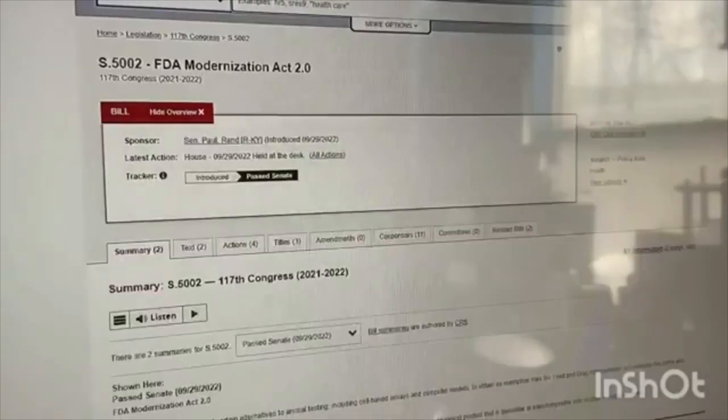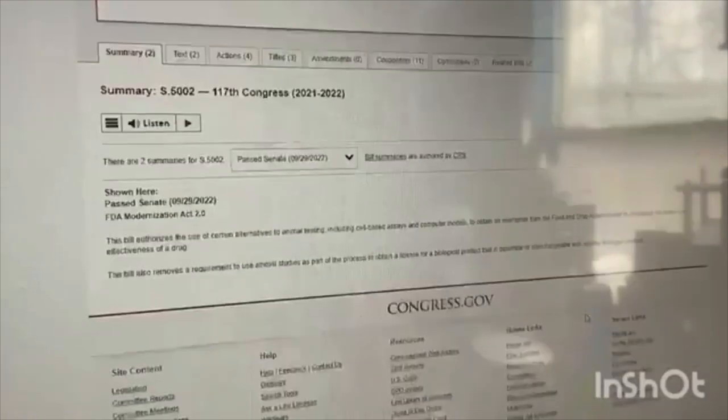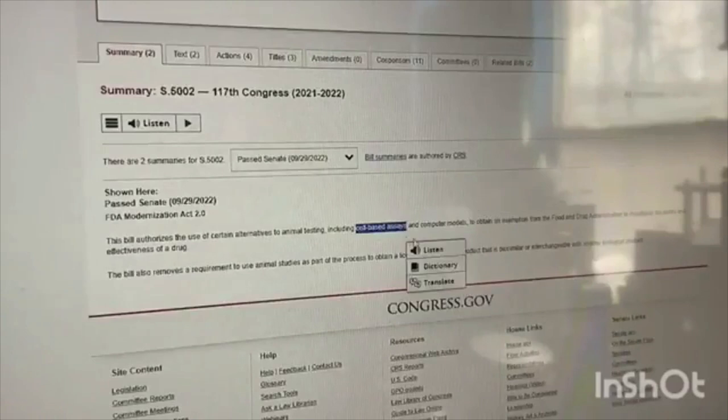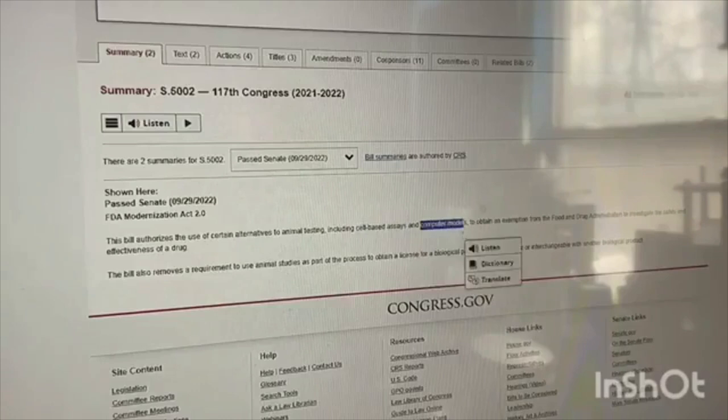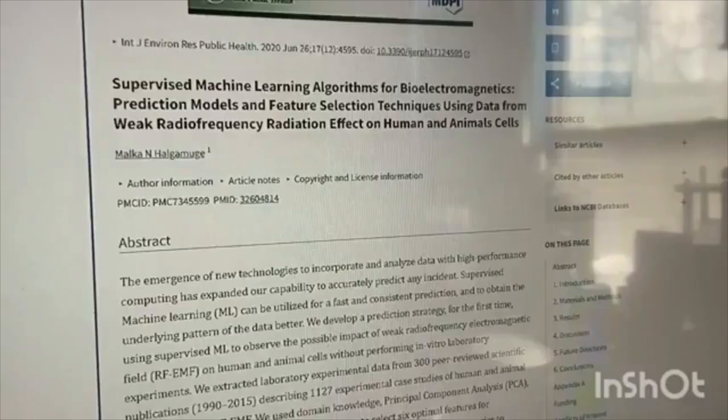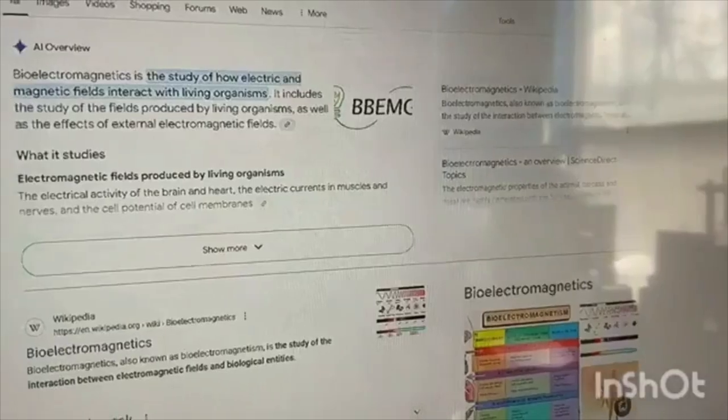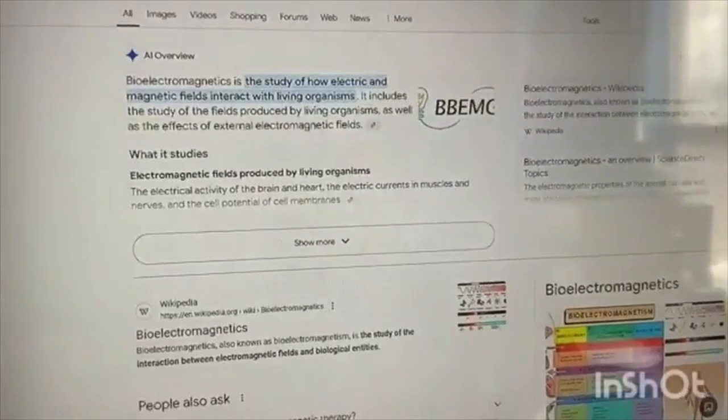The FDA Modernization Act accesses the digital twin as a computer model, and cell-based assays that you can go in and donate a section of your cells. They do an in vitro in the laboratory work, and they create a wireless assay to monitor with that bioelectromagnetic algorithm of your body. And in case you have already forgotten what bioelectromagnetics are, that's the study of electric and magnetic fields in living organisms.